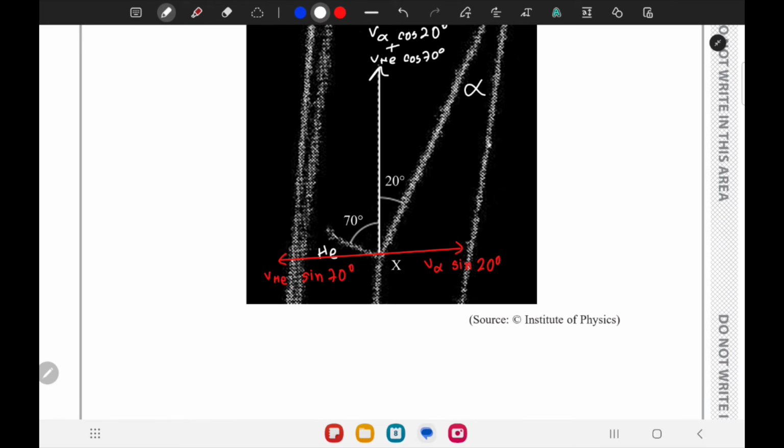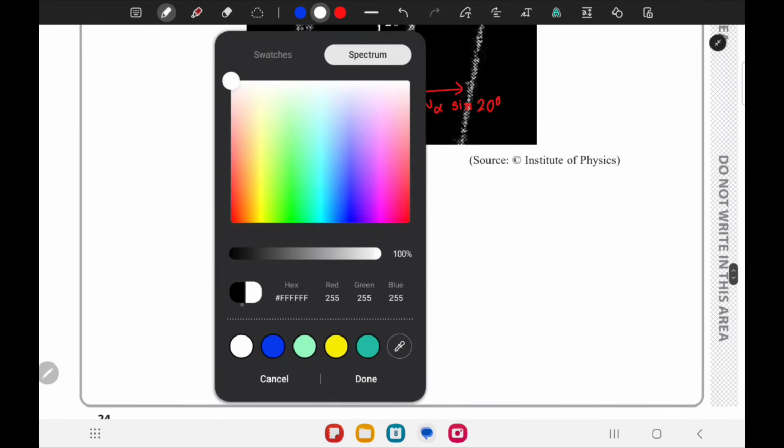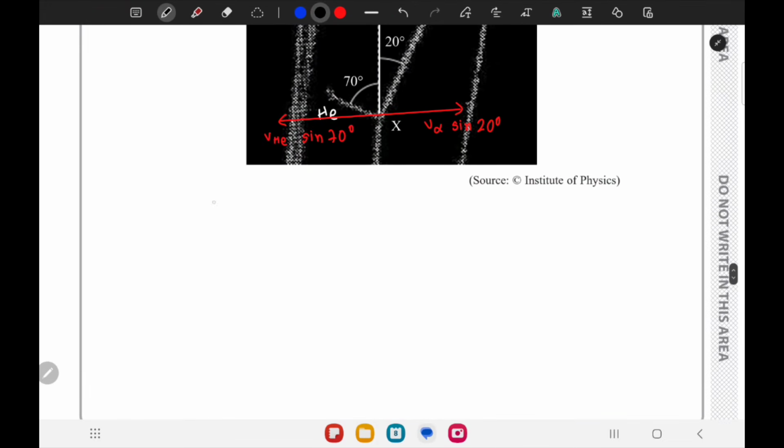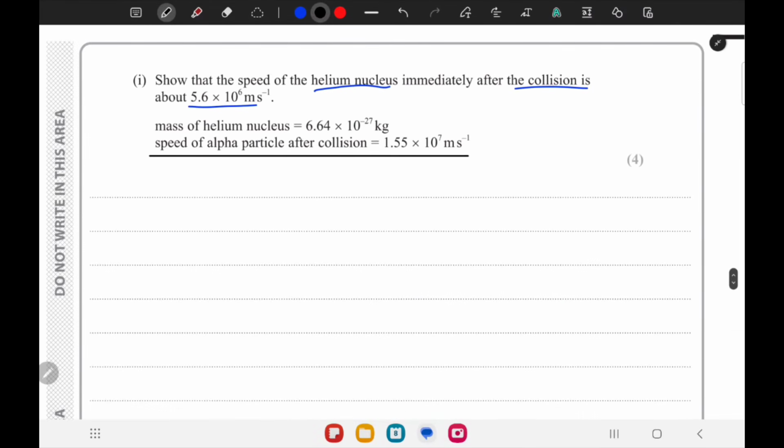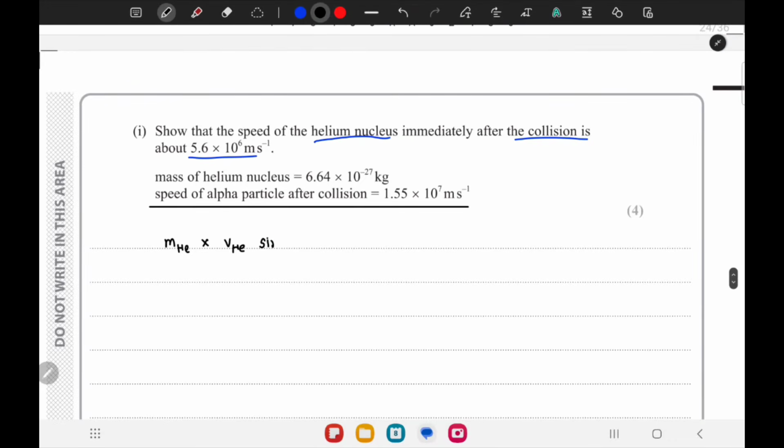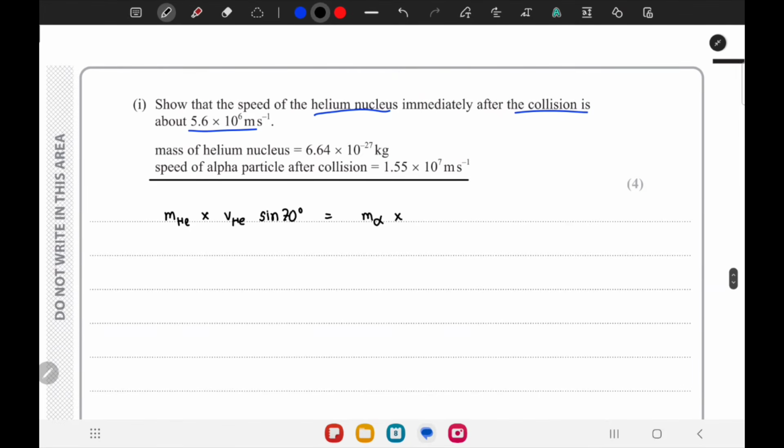Since there was no left-right momentum at the start, we'll get the momentum of helium towards the left. So the leftward momentum of helium would be equal to the rightward momentum of the alpha particle. So m helium times velocity of helium sine 70 would be the mass of the alpha particle times the velocity of the alpha particle sine 20 degrees.